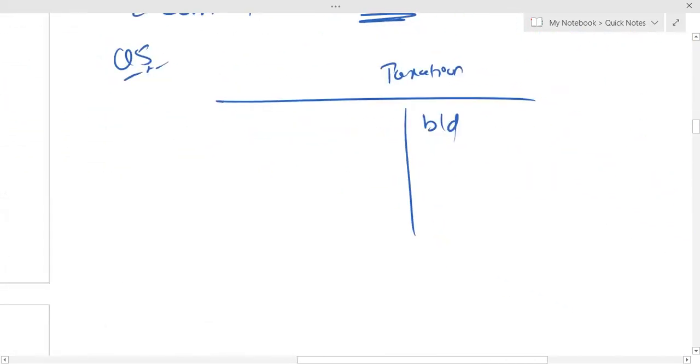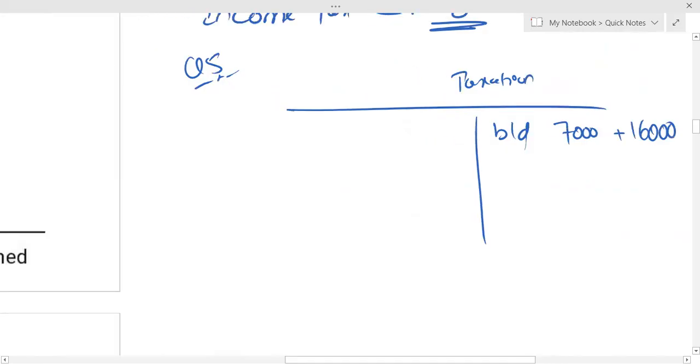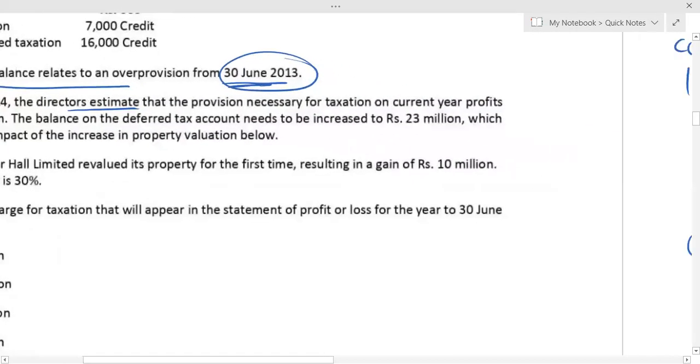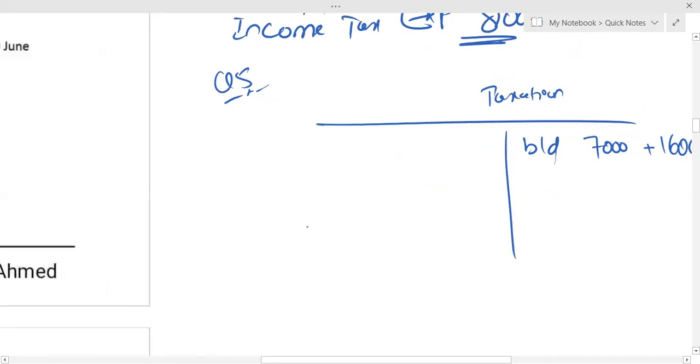$7,000 plus $16,000. At 30 June 14, director estimate that provision necessary for taxation on current year profit is 12 million. Current tax carried down is 12 million.